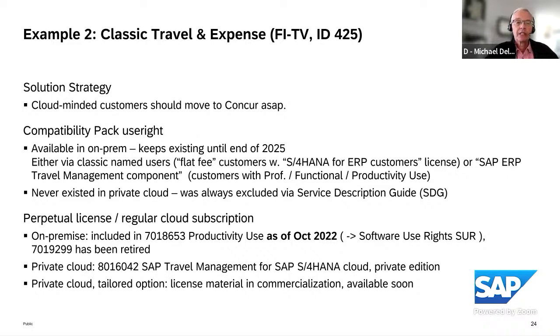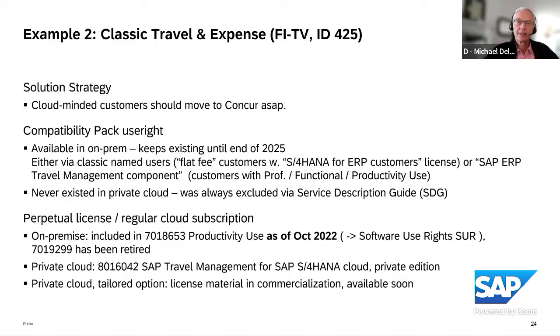The situation here has been that we had the compatibility pack use right in on-premise, and so far we excluded it explicitly in our cloud contracts. There was an explicit clause in the service description guide saying FITV is not part of your cloud contract, because we said a cloud-minded customer should go to Concur immediately.